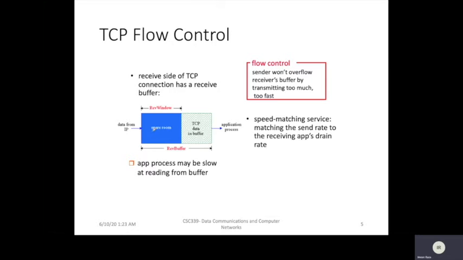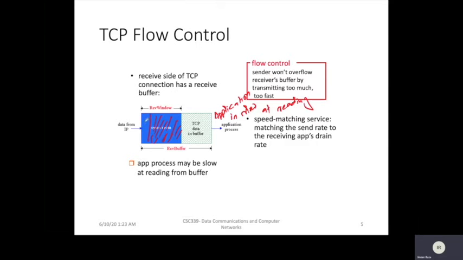So what I'm saying is, for example, this is the buffer that we are maintaining, and if the sender keeps sending data, this buffer will start getting full, and here the application is slow at reading data from this buffer. So the sender keeps on sending the data, but the application is slow at reading the data.